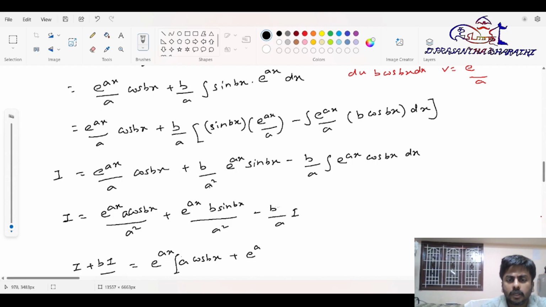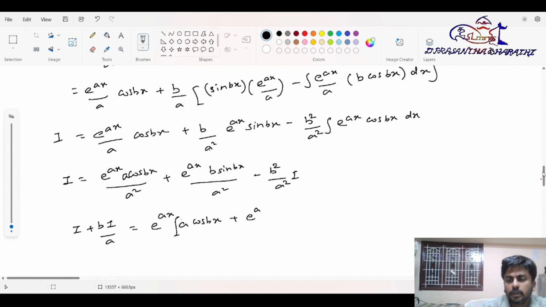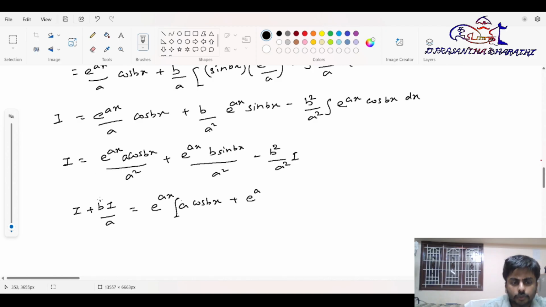Actually it is b square by a square. So very carefully how to do this, it is b square by a square.